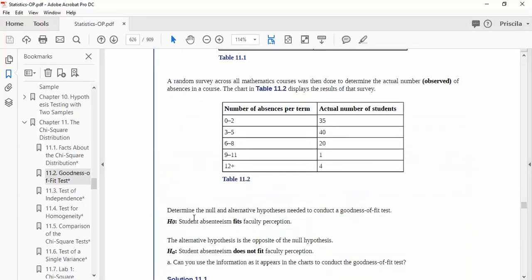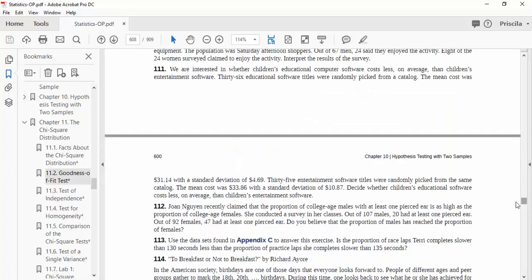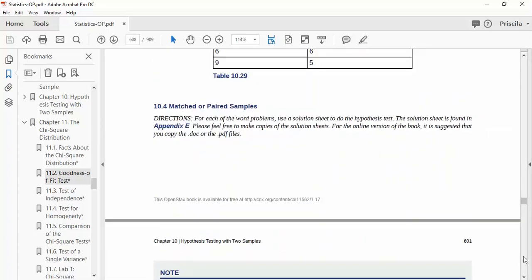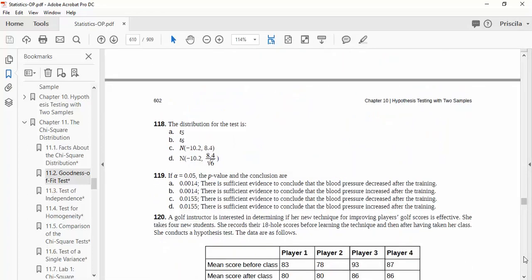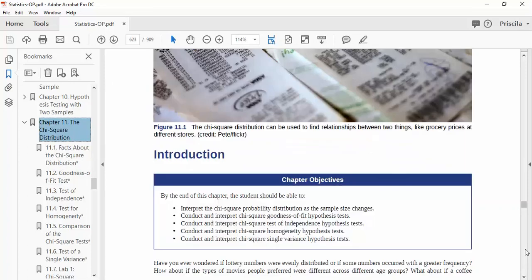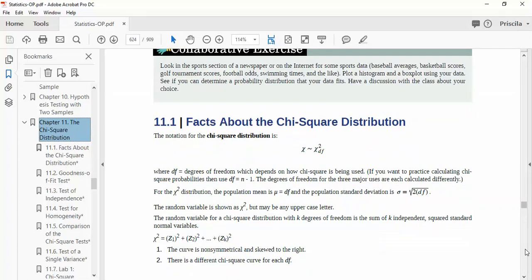Another thing is that the null hypothesis and the alternative hypothesis are actually expressed in sentences. If you read the chapter, it is going to tell you that the chi-square always shows you the null and the alternative in full sentences.